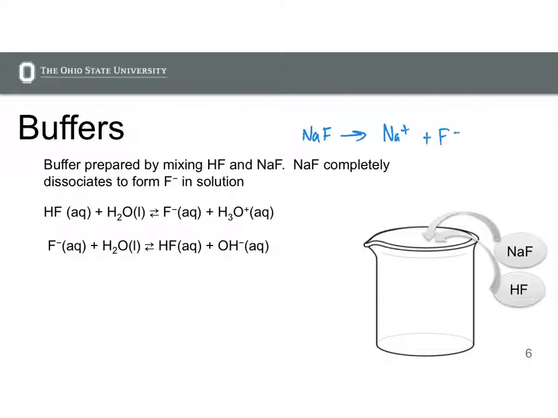The sodium ion won't affect the pH, but the fluoride ion will, and that's given by our second equilibrium, F- plus H2O, in equilibrium with HF and OH-. And HF is going to be in equilibrium to form F- and H3O+. All right.